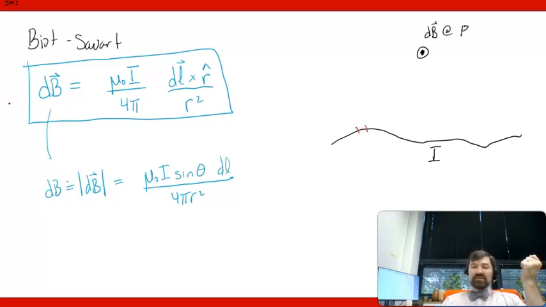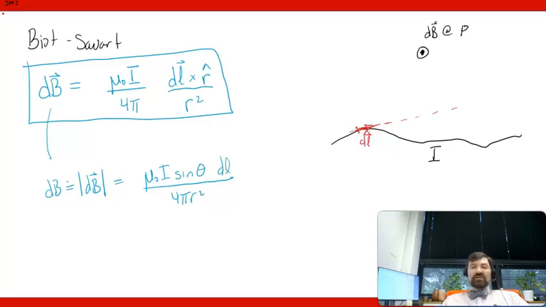The current here and the current here are the same, so I don't need a differential current dI to do this. However, I do need to note that this has differential length dl. How do I figure out dl? Well, I draw this tangent line at this point, and dl would just be this differential right here.